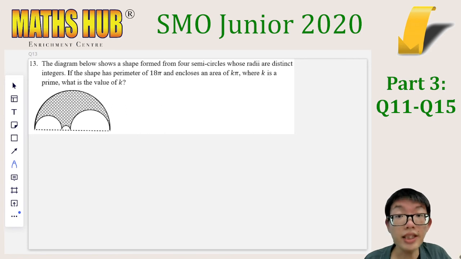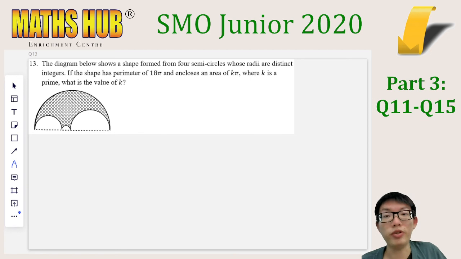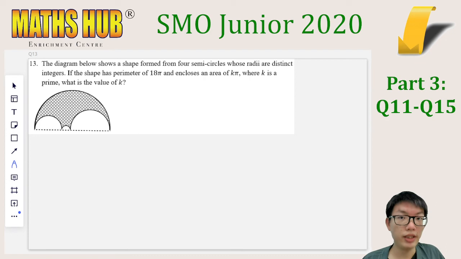Now the interesting thing you notice about this question is that it is ostensibly a geometry problem since there are circles, perimeter and area involved. However, distinct integers are mentioned and prime is also mentioned, which are usually conditions associated with number theory.